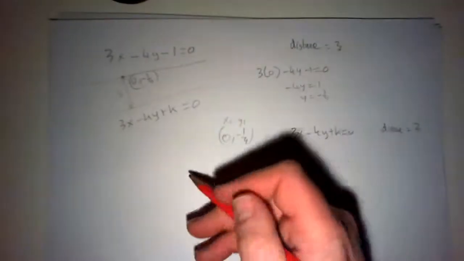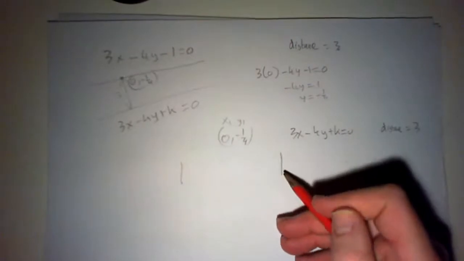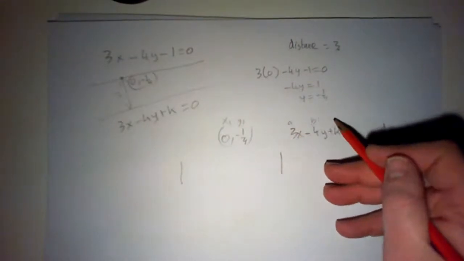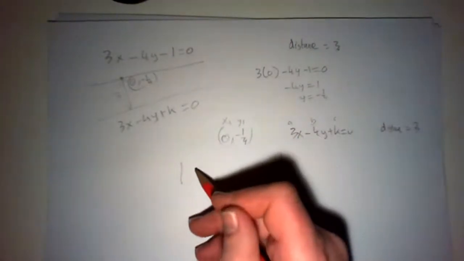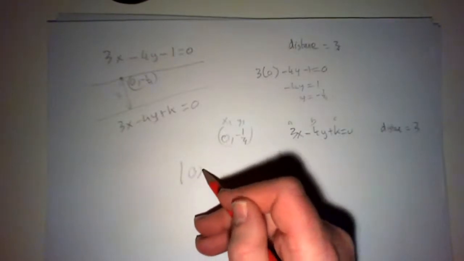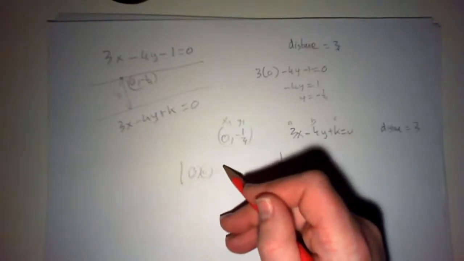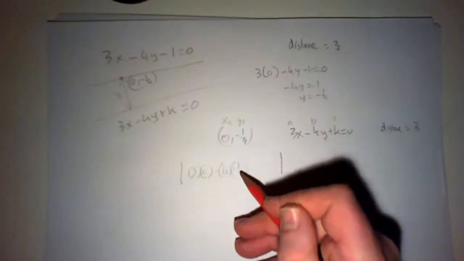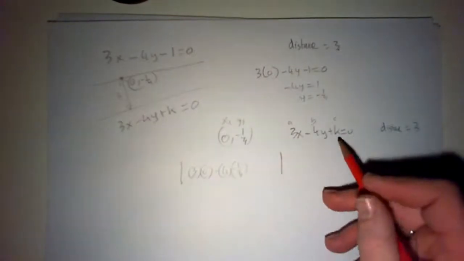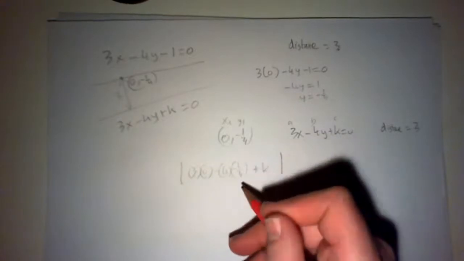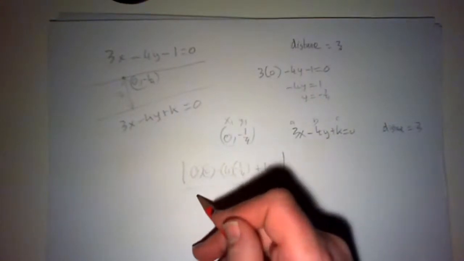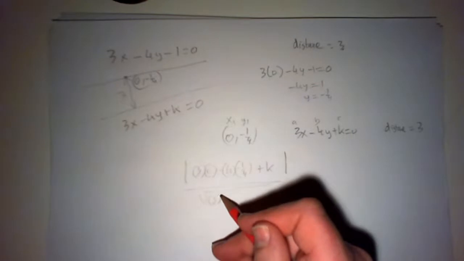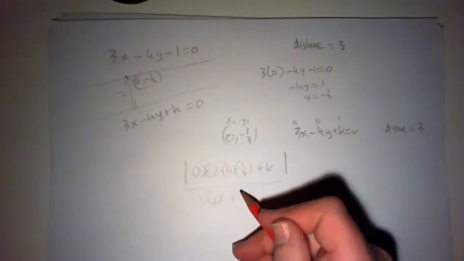So let's pop everything in that we know. Absolute value, that's A, B, and C. A times x1 minus B times y1. I think they designed these to make those kind of weird things. Plus C all over the square root of A squared plus B squared.